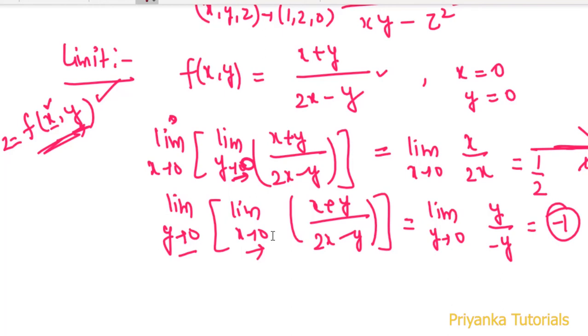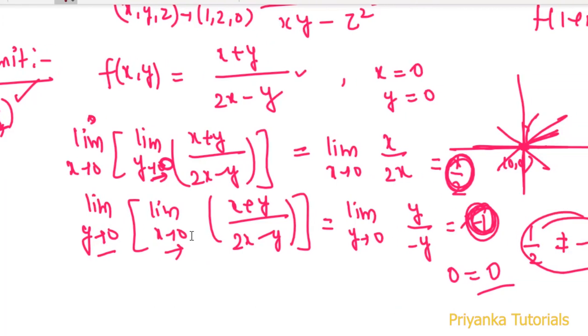Now you just see, 1 by 2 cannot be equal to minus 1. These values are different from each other. That means the limit of this function does not exist. In case, suppose this value is 0. For some question, this value is 0, and 0 means the values are the same, limits are the same. Then we say the limit exists.